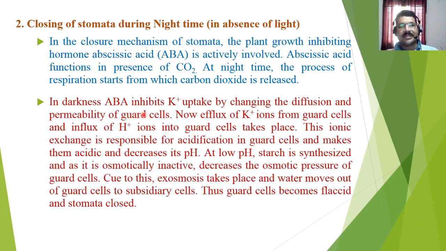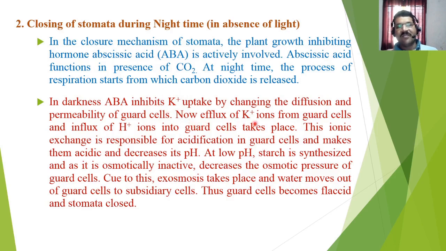In darkness, ABA, that is abscisic acid, inhibits K plus uptake by changing the diffusion and permeability of guard cells. So due to the abscisic acid, the diffusion and permeability of guard cells get changed, and due to that the K plus ion uptake which was going on during daytime will be inhibited.